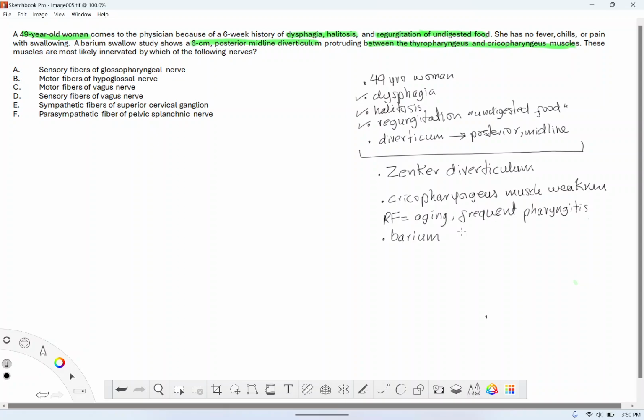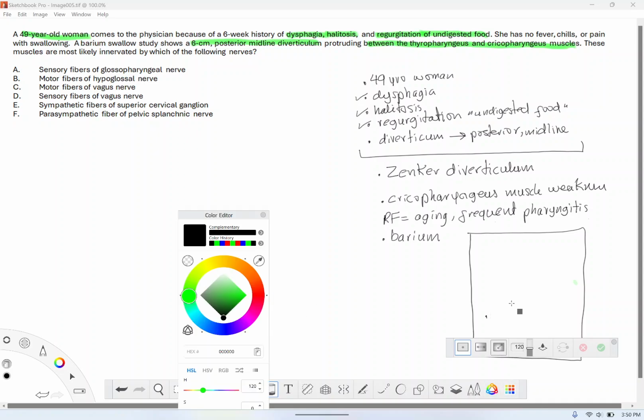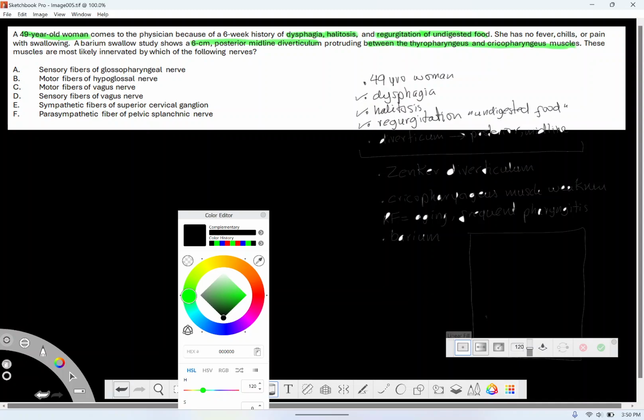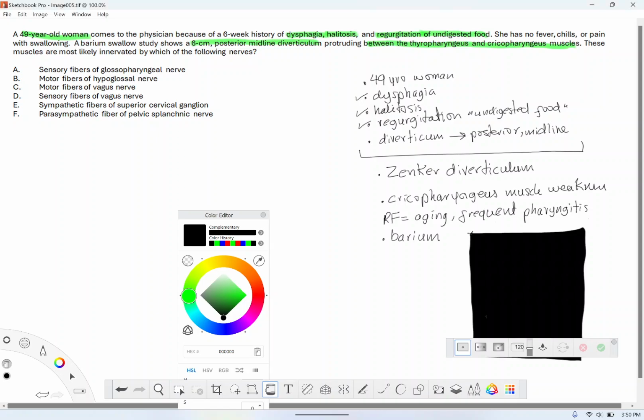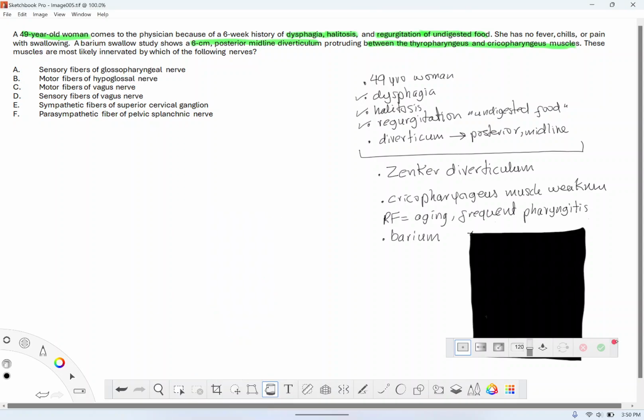You will see, let me see, let's see right here. No, there's a hole somewhere. Let's see where. Okay. So what would you see on barium?